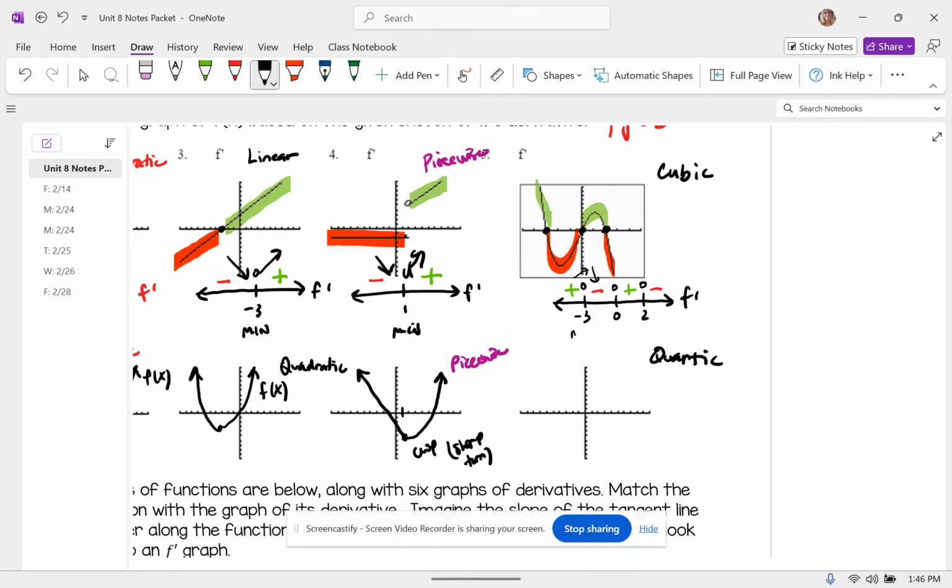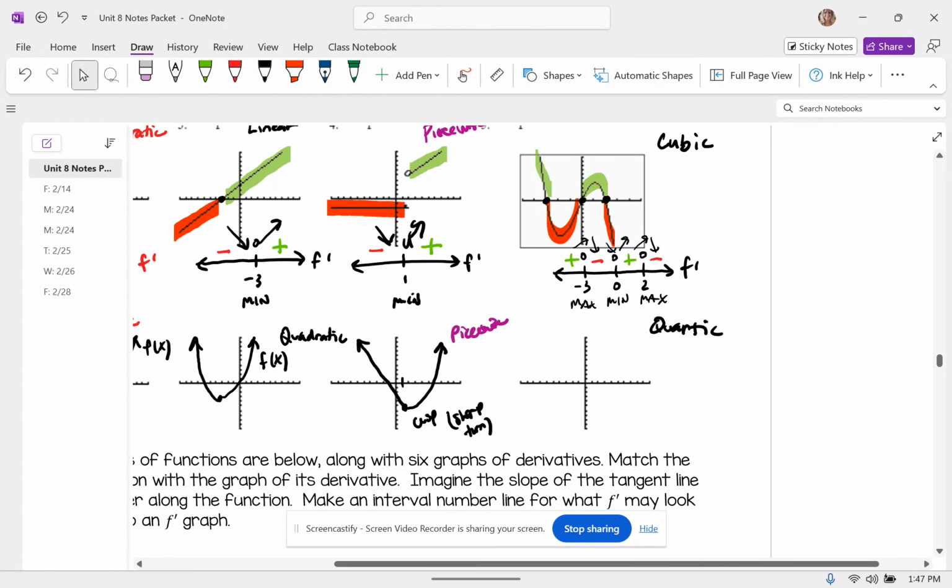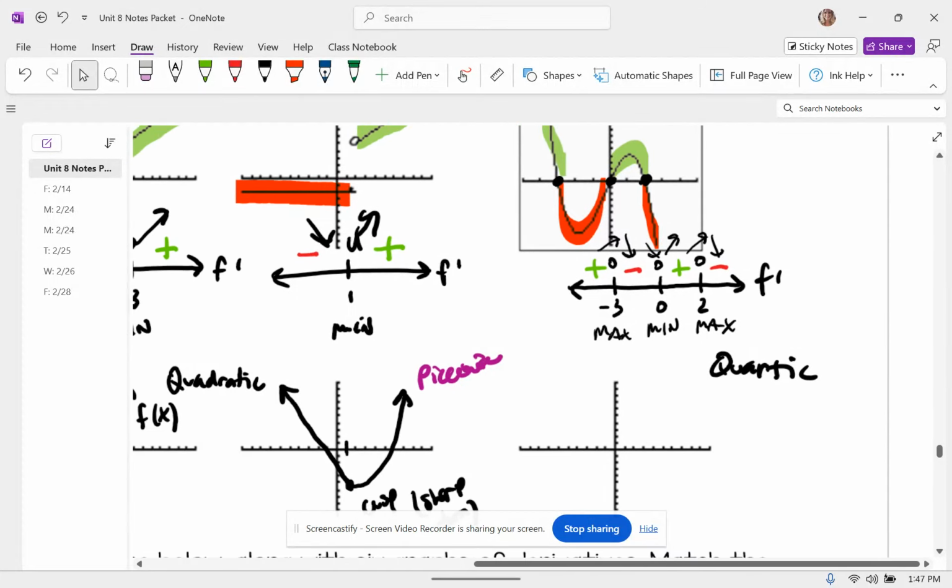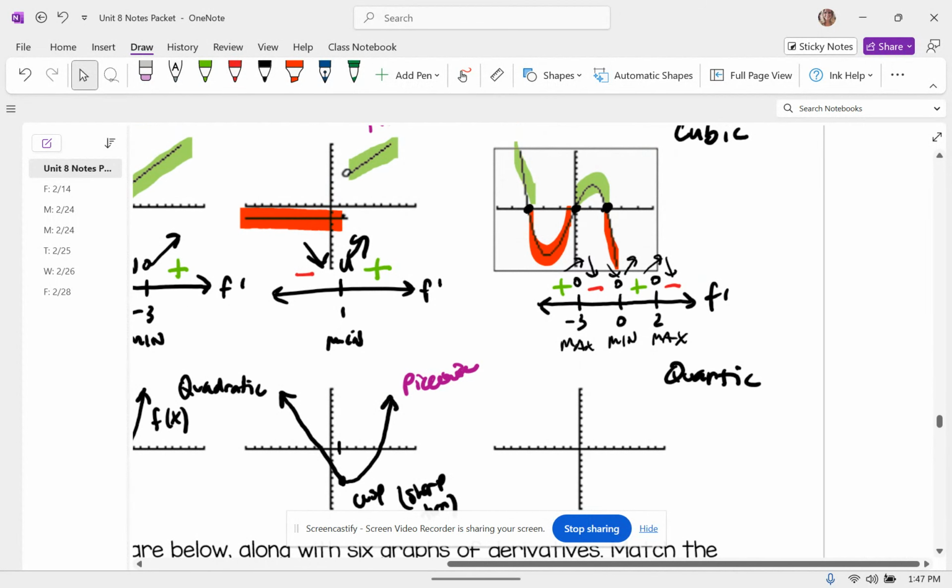Okay. Max. All right, guys, how'd you do? Looking good? So you need a max at -3, a min at 0, and a max at 2. Does it matter exactly where you put them?